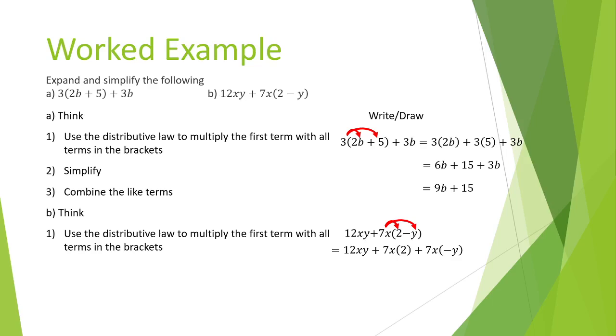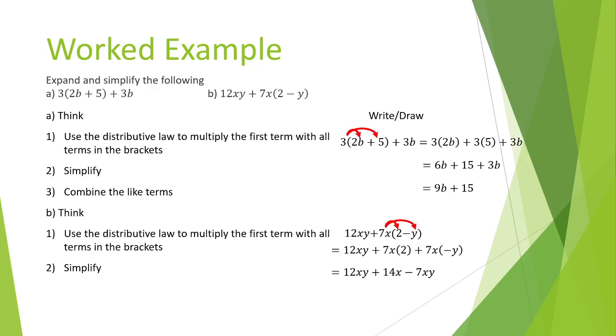We're going to have plus 7x times 2, and then plus 7x times negative y. And when we simplify this, we get 12xy, that stays the same, it hasn't changed, plus 14x, because 7x times 2 is 14x, and then 7x times negative y becomes negative 7xy.